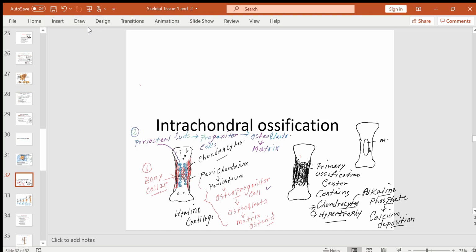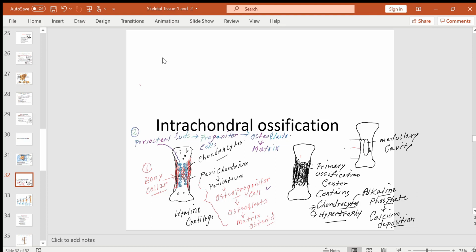You know, inside the long bone you have a cavity, that is the medullary cavity, that usually contains the bone marrow. Okay, so that is how this shaft part of the cartilage becomes bone. And then what will happen? A blood vessel, you know, cartilage is avascular, no blood vessel inside the cartilage, but bone is vascular.